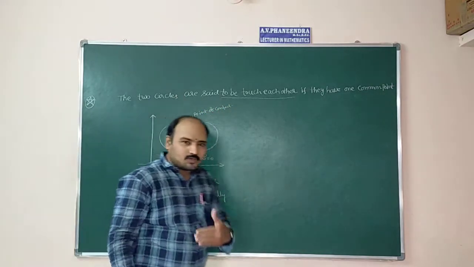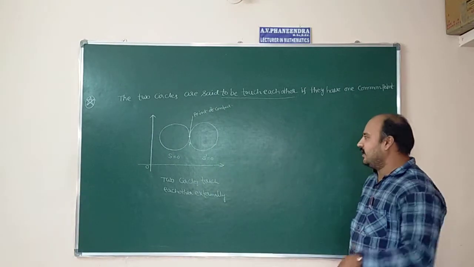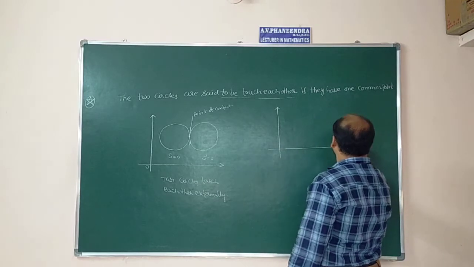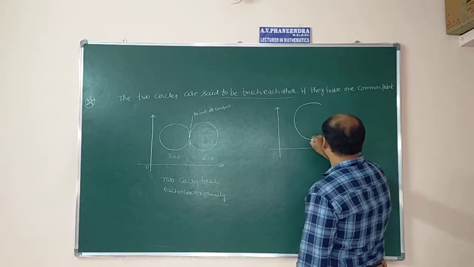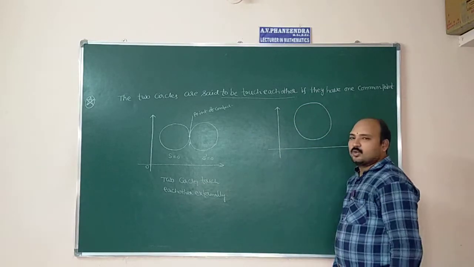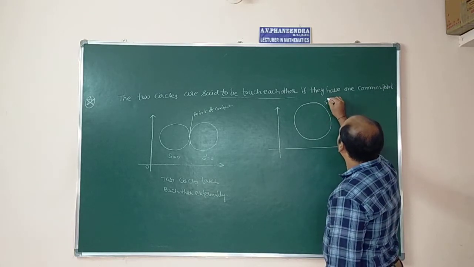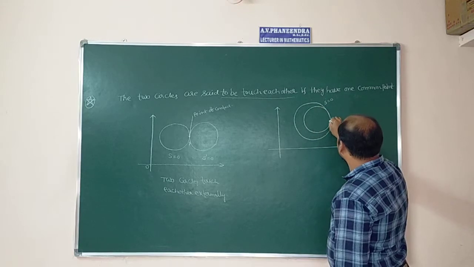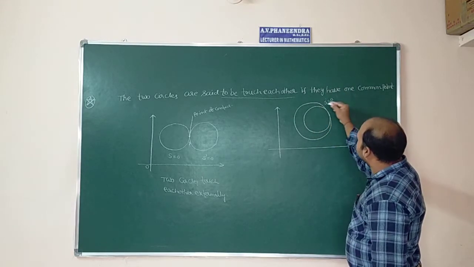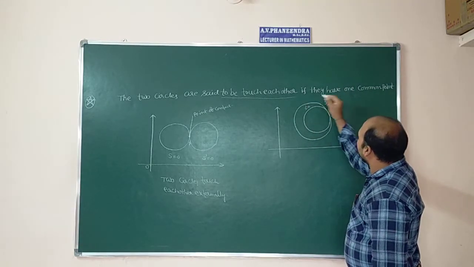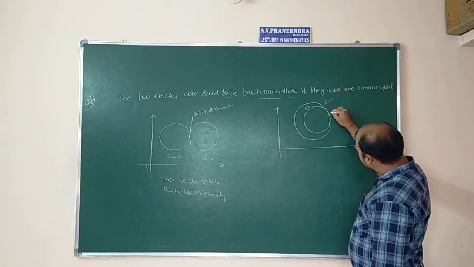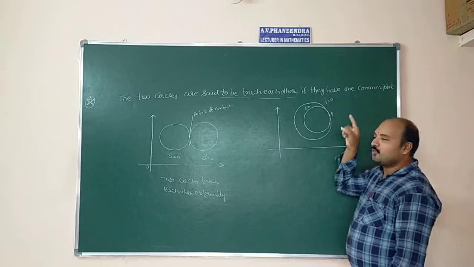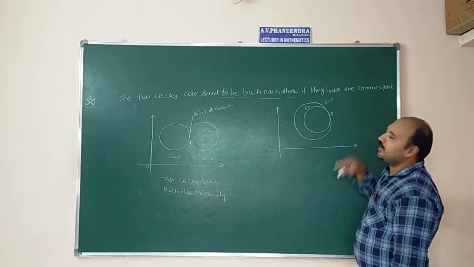Suppose the circles touch each other internally. We'll see that in the diagram. This is S equal to 0. This is another circle, S dash equal to 0. Both the circles are touching at this point P. This point P is called point of contact or common point.